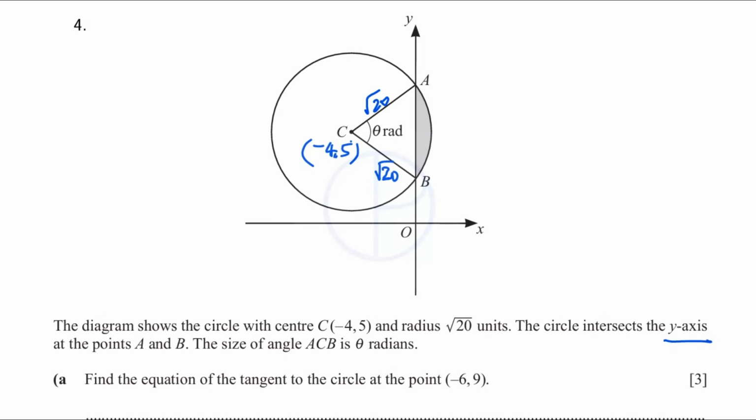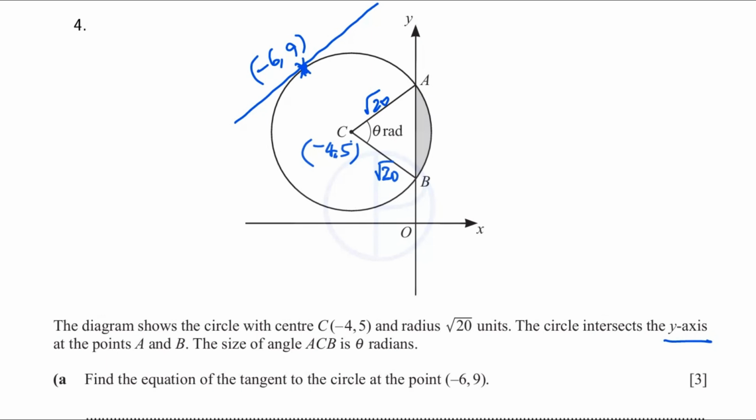Find the equation of the tangent to the circle at the point (minus 6, 9). Let me mark the point (minus 6, 9) here. And this is the tangent at the point (minus 6, 9). So we have to find the equation of this tangent.